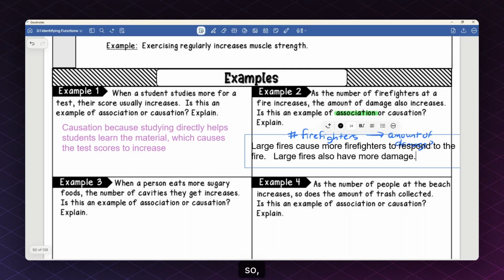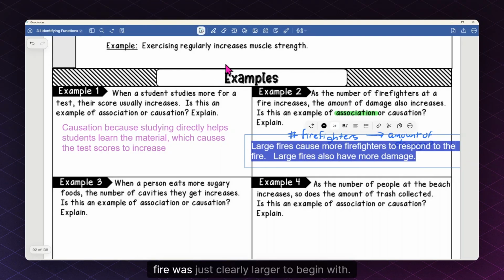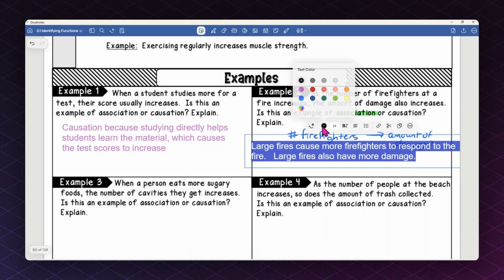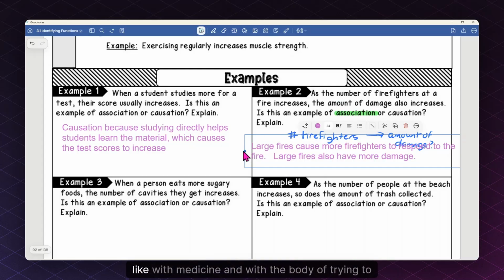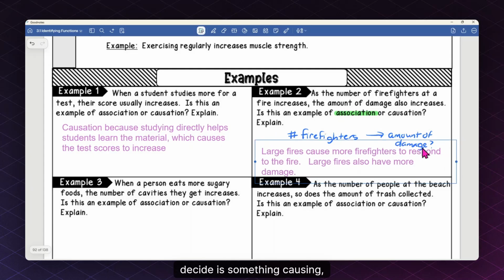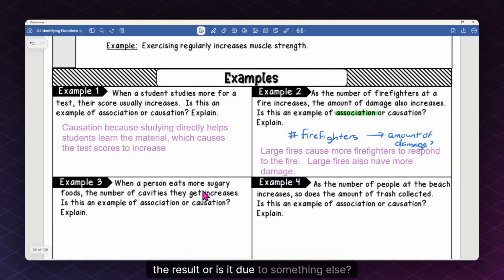Okay, so it's not that the firefighters themselves caused the extra damage. It's the fact that the fire was just clearly larger to begin with. And science is constantly having to work out situations like this, like with medicine and with the body, of trying to decide, is something causing the result, or is it due to something else?